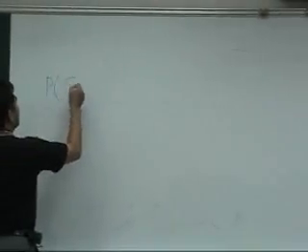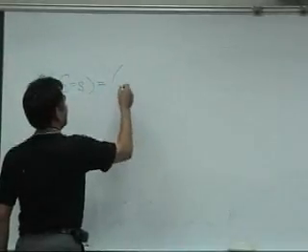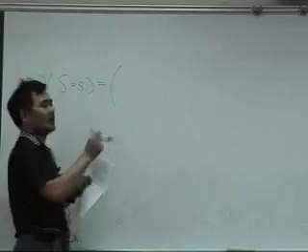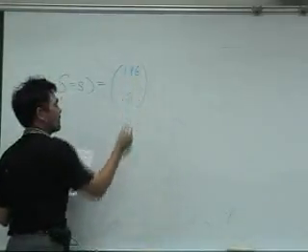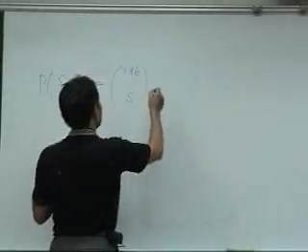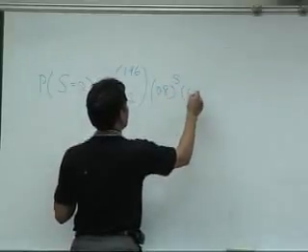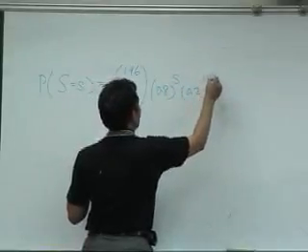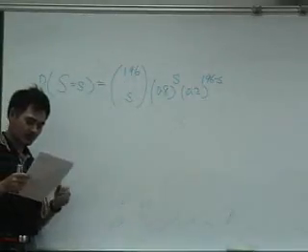Since we know that it is a binomial distribution, P(S = s) is 196 choose S, where S is the number of people that got flu, and the probability is 0.8 to the S, and here is 0.2 to the 196 minus S. Okay? Questions so far?